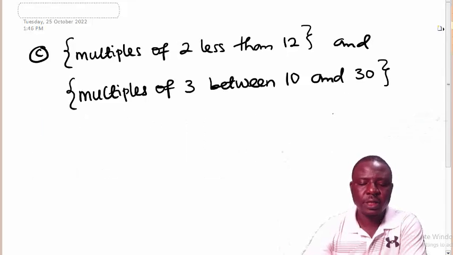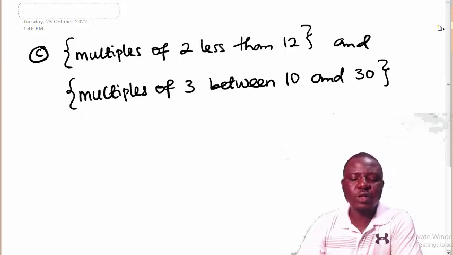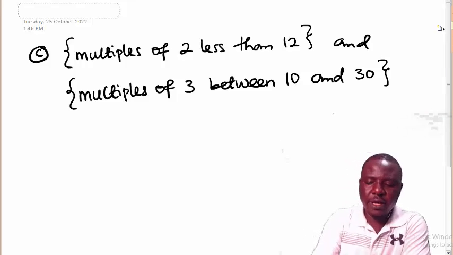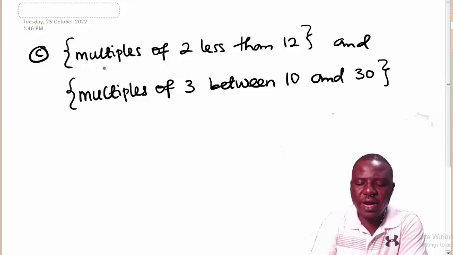Example 3 is defining, we have to find the union and intersection of both sets. A is defined as multiples of 2 less than 12.